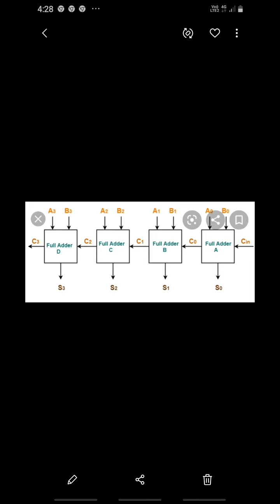So this last final carry is taken as it is in the sum position. So it gives the output like this. And you can take one example.